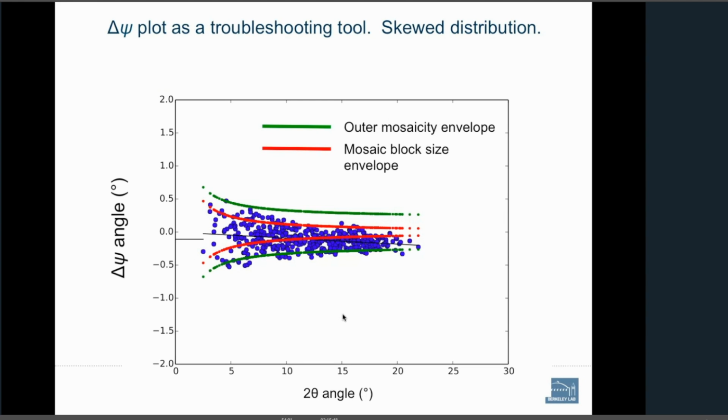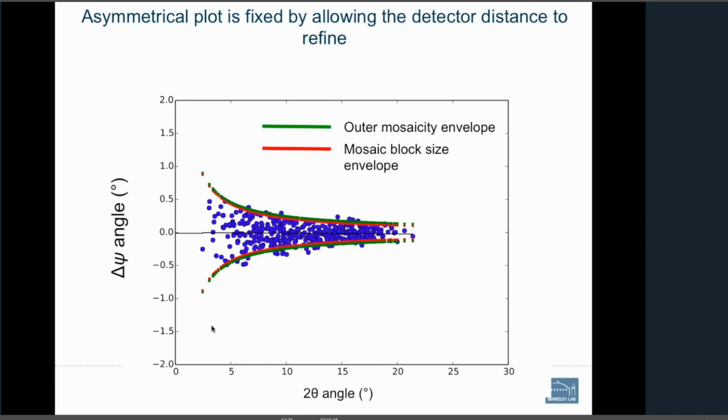So here what we see is these are all the reflections from a diffraction pattern where the crystal orientation matrix is not quite right. And so because of that, you see a skew in the observed reflections based on their calculated delta psi angles. And this skew is compensated for when we draw our mosaic envelope here, which means we're going to overpredict the number of reflections on this image.